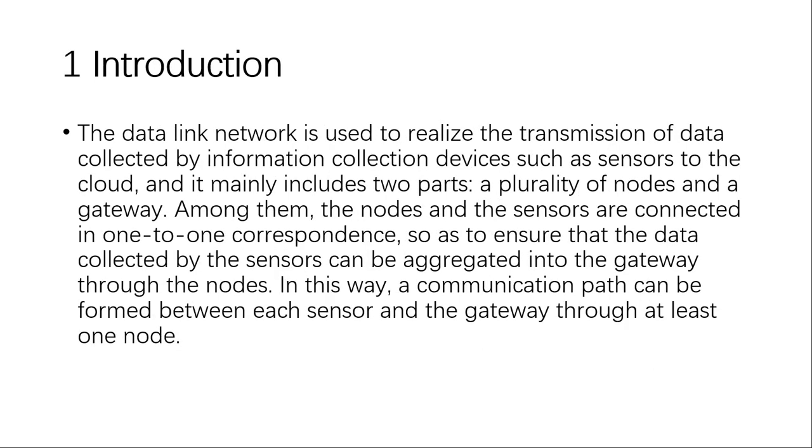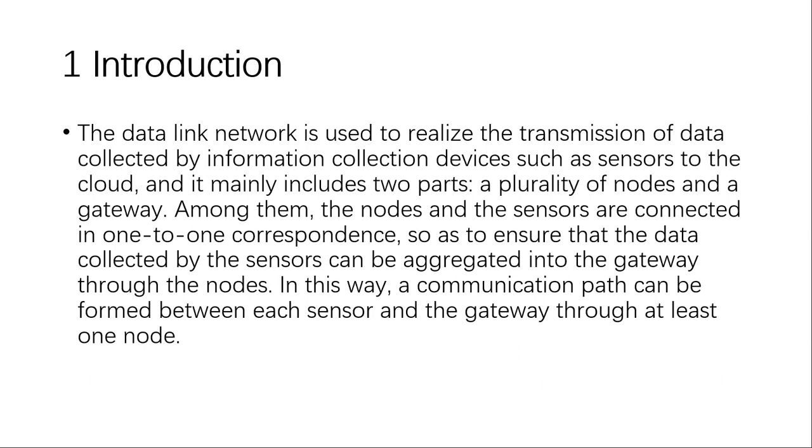1. Introduction. The data link network is used to realize the transmission of data connected by information connection devices such as sensors to the cloud, and it mainly includes two parts, a number of nodes and a gateway.